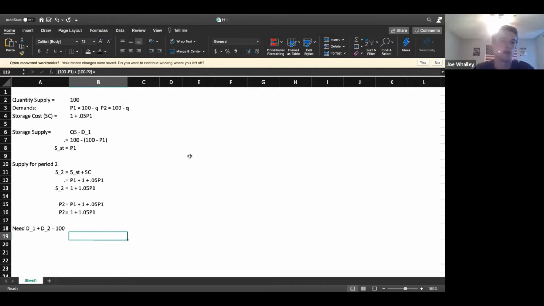You'd have 100 minus P1 plus 100 minus P2, and that has to be equal to 100. Yep, yep. And then if I simplify that, what would I wind up with as far as that equation? Is it P1 plus P2 equals 200? Anybody else want to add to it or correct it, or think he's right? Want to back him up?